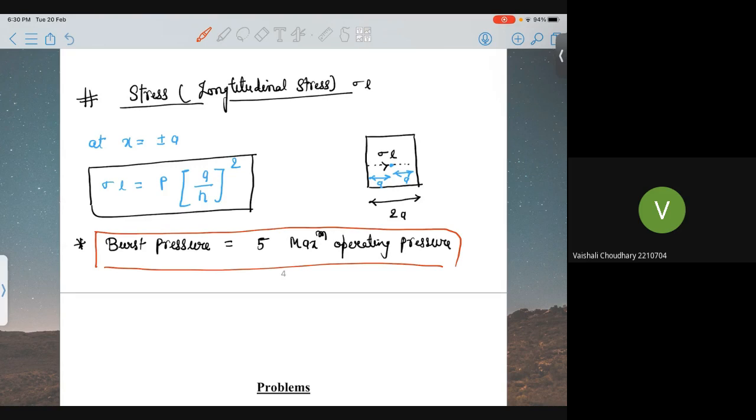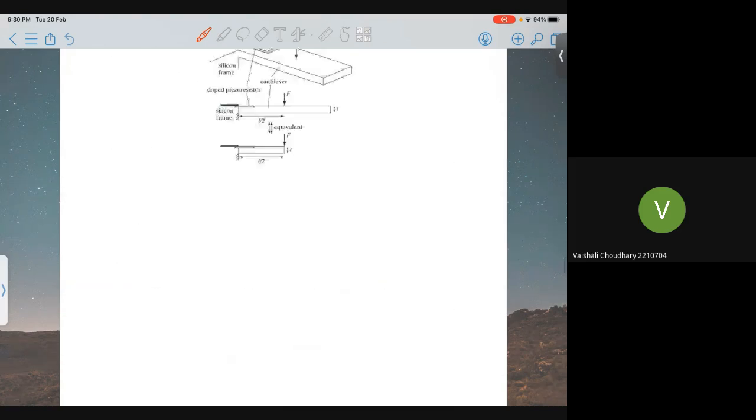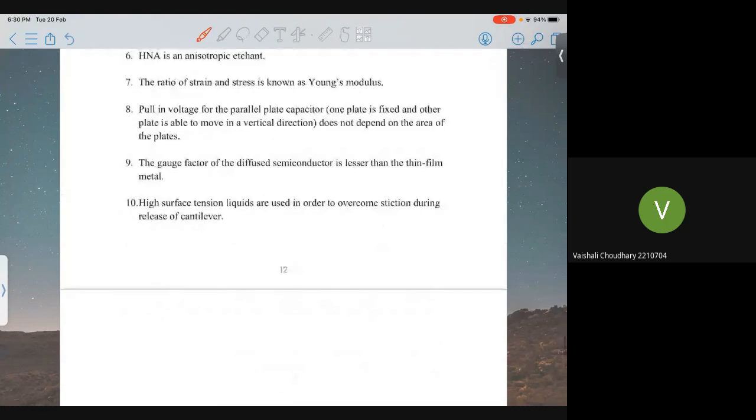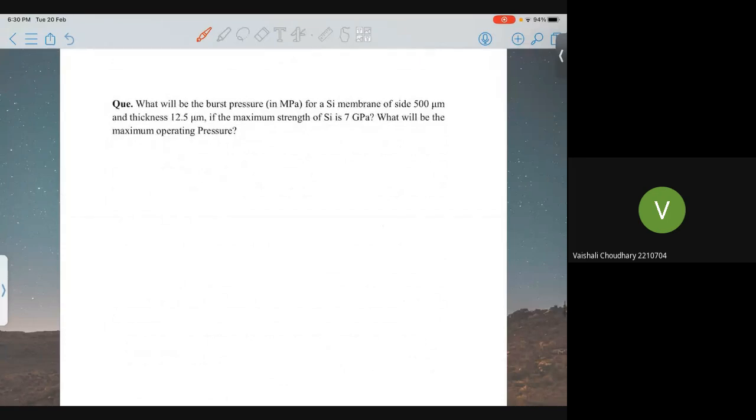So the problem is: what will be the burst pressure in megapascal for a silicon membrane of side 500 micrometer and thickness 12.5 micrometer, if the maximum strength of silicon is 7 GPa?